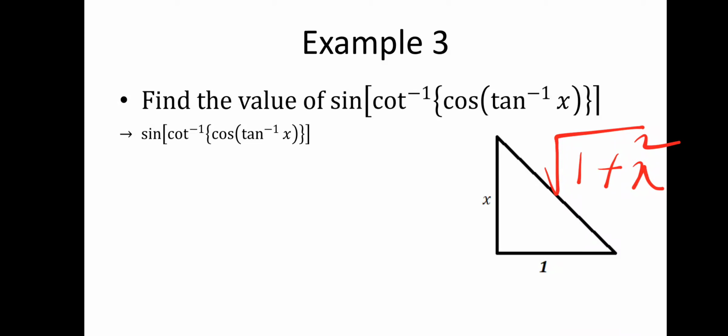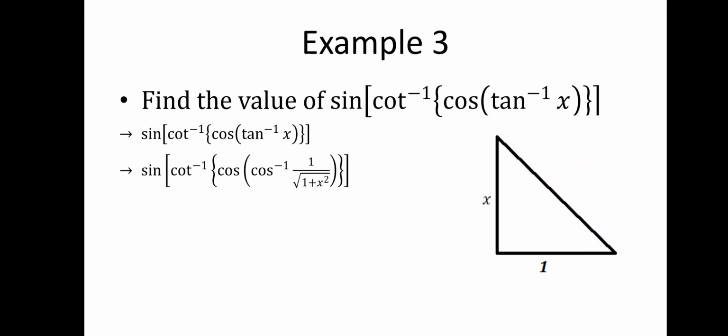So now I know tan inverse p by b can be written as cos inverse b by h. So what is b? 1. What is h? Root over of 1 plus x square. So tan inverse x can be written as cos inverse 1 by root over of 1 plus x square. I think this is clear, because your hypotenuse is root over of 1 plus x square, so it becomes base upon hypotenuse.